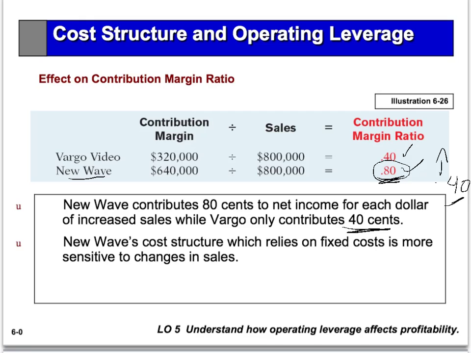Now this is beyond the break-even. New Wave's cost structure relies highly on fixed costs, more sensitive to change. But once both companies are beyond break-even, you can see that New Wave is making twice as much profit as Vargo because of their cost structure.